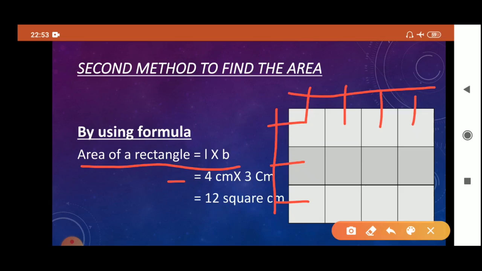So now let's multiply these two numbers, 4 and 3. We will get 12 centimeter square. So the area of the given rectangle is 12 square centimeter or 12 centimeter square.